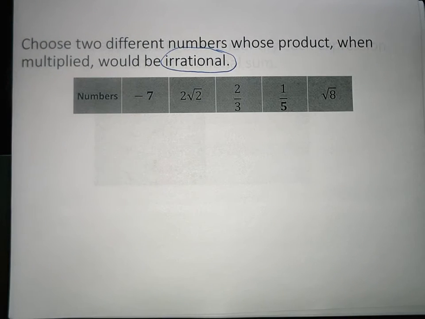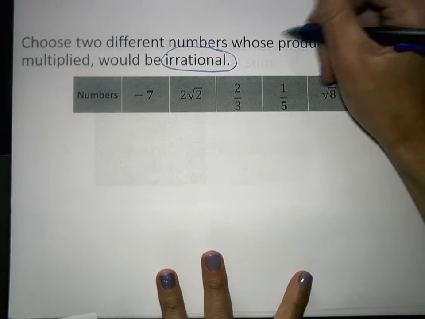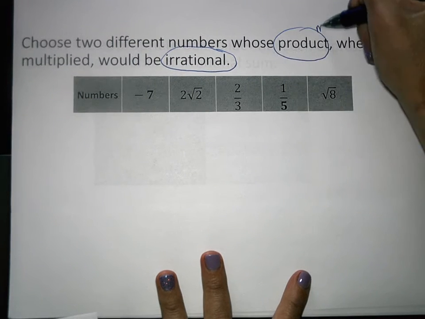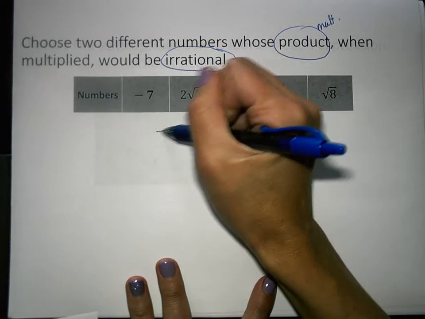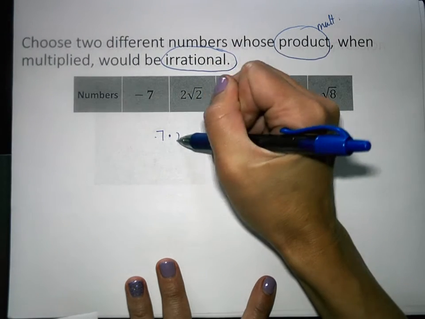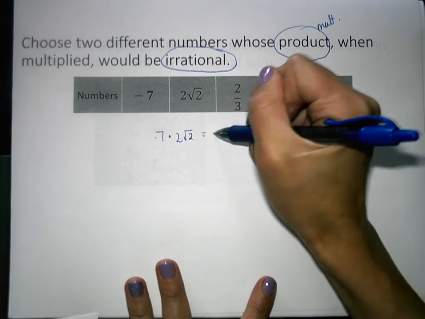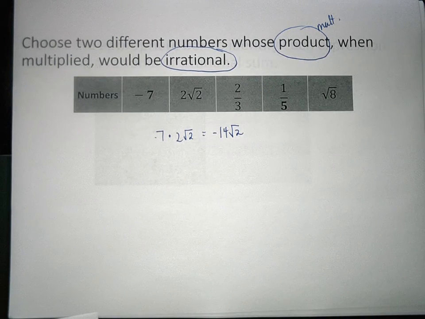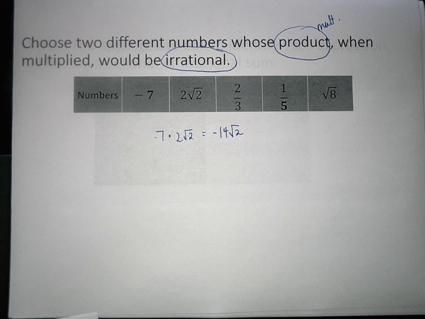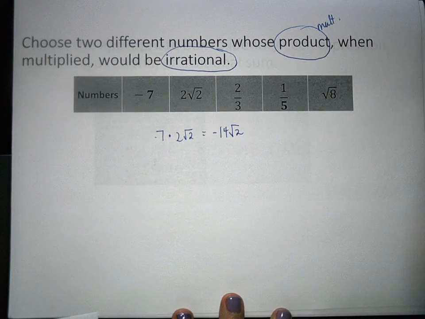Also, you need to remember that product means multiplication. And so 2 numbers multiplying and you still have a root left over. So -7 times 2 root 2 equals -14 root 2. That would be an example of 2 numbers whose product when multiplied gives an irrational answer.